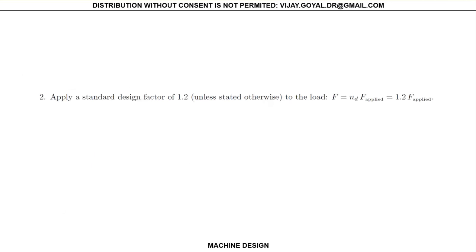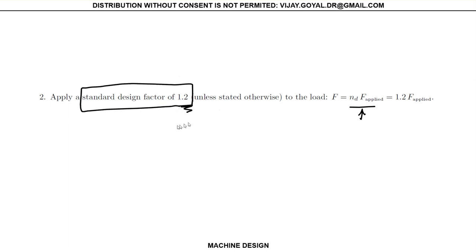Okay, so that's important. Then before we start any problem, remember you have to apply in springs a minimum design factor of 1.2. That is a must and should be given in the problem. So you start with applying the load, you multiply by the factor, even if nothing is given, you want to apply this. This is a must.